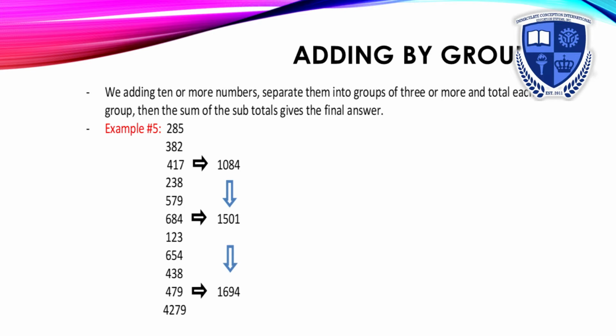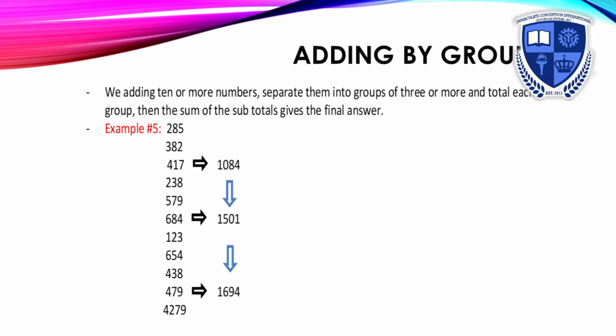For example, class, 285 plus 382 plus 417 is equal to 1,084. Then 238 plus 579 plus 684 is equal to 1,501.